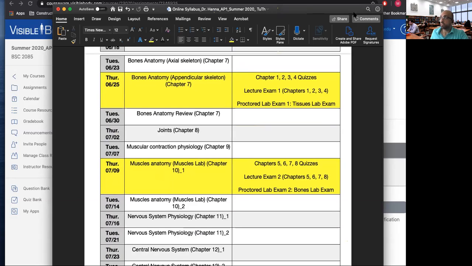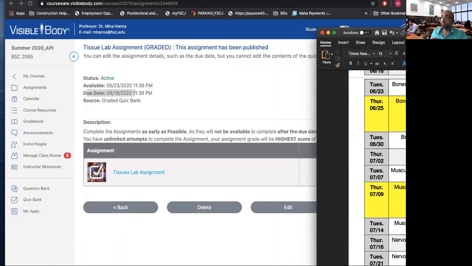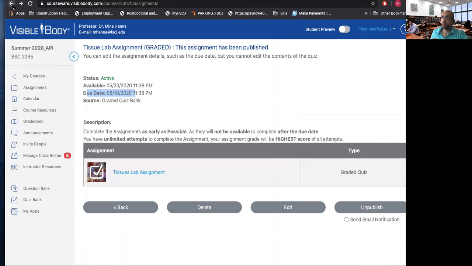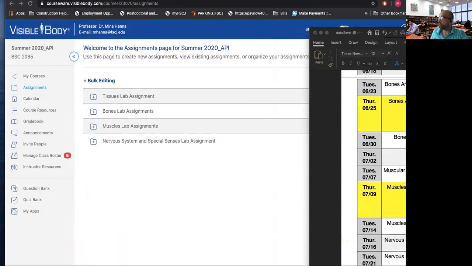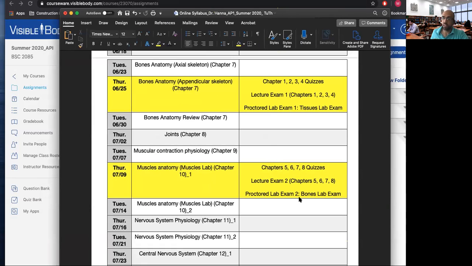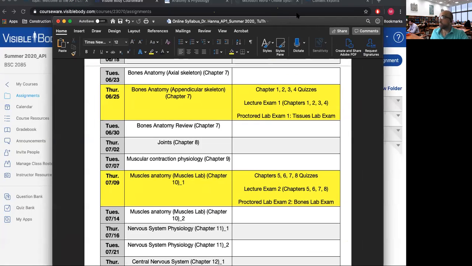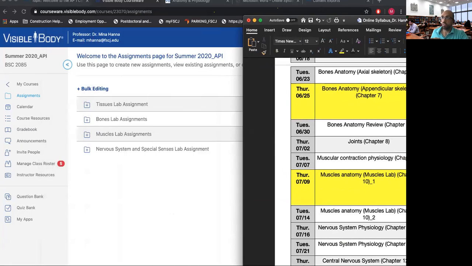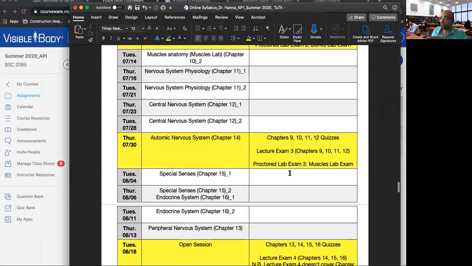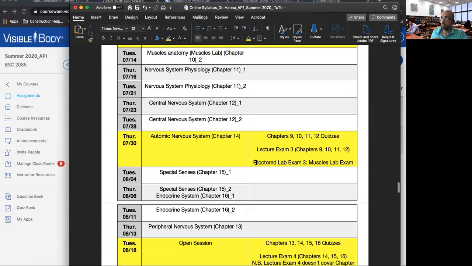For the second lab assignment, the bones lab assignment, it's going to be due on the same day as the Proctored lab exam 2, which covers the bones. The third lab assignment is going to be the muscles lab assignment, and this is going to be due on the day that says Proctored lab exam 3, muscles lab exam.